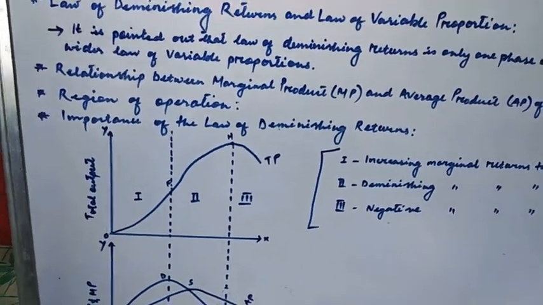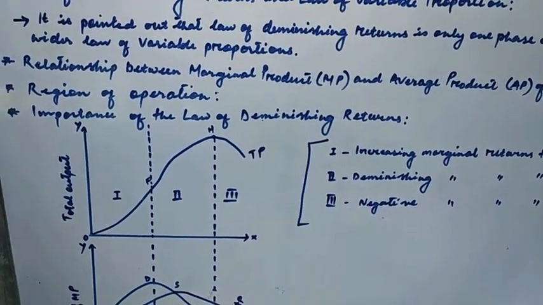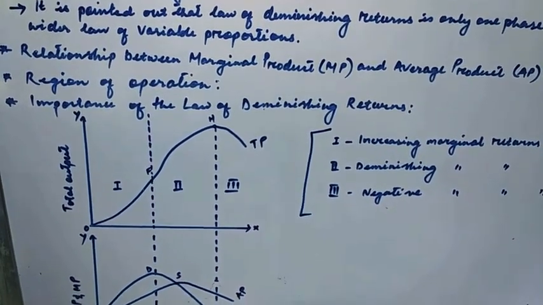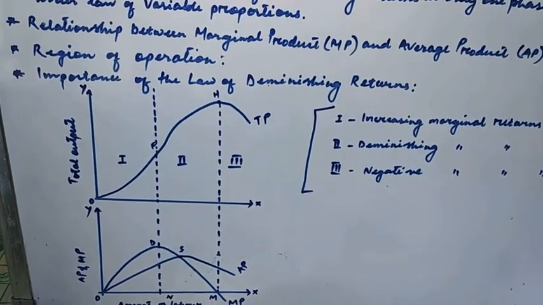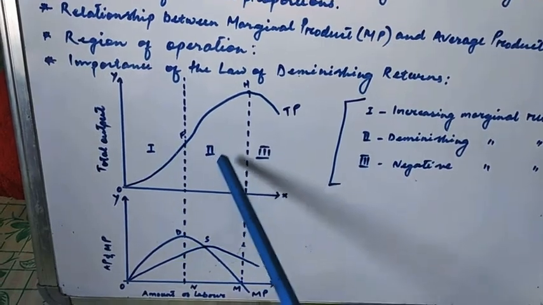So in the theory of production, we shall see how a rational producer chooses his area of operation among stage 1, stage 2 and stage 3.